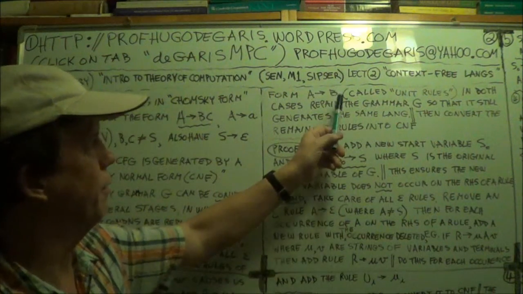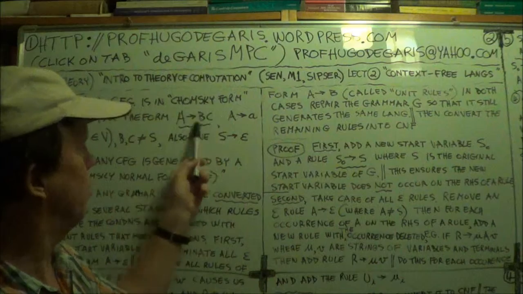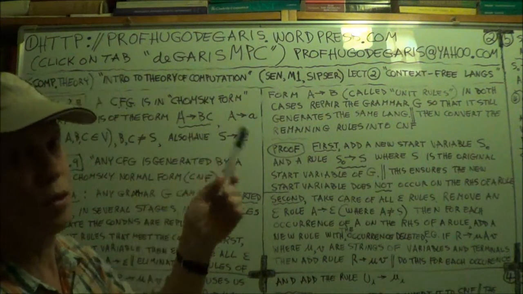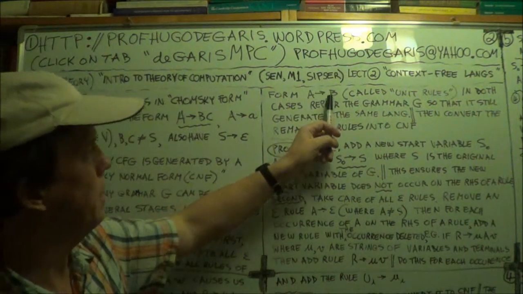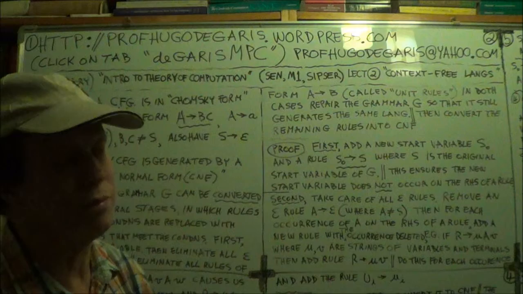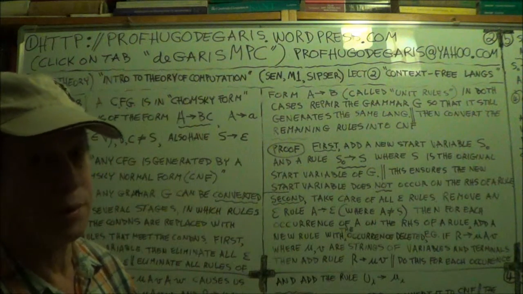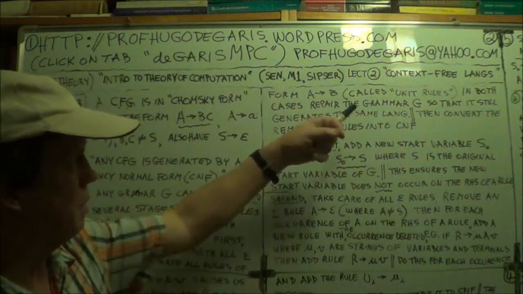Those that have 2 variables are already in CNF, so you won't touch those. You'll be dealing with rules that have maybe 3, 4, 5 variables on the right-hand side. All right. So that's the overview.